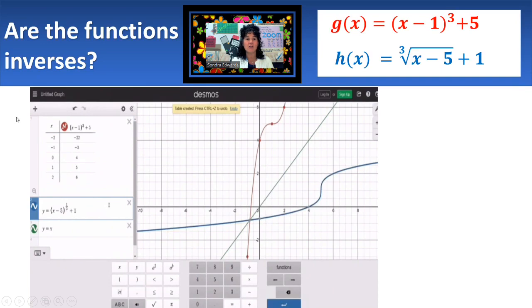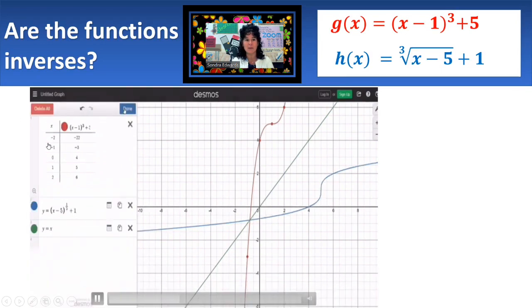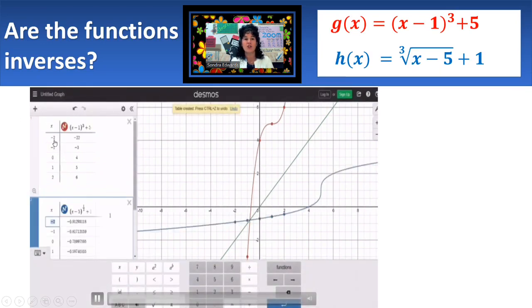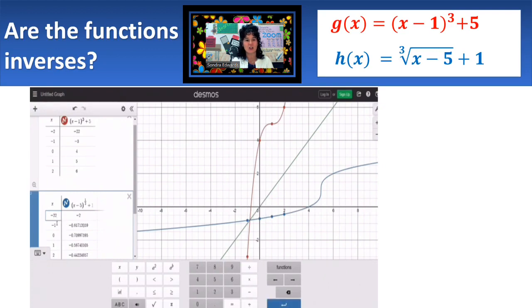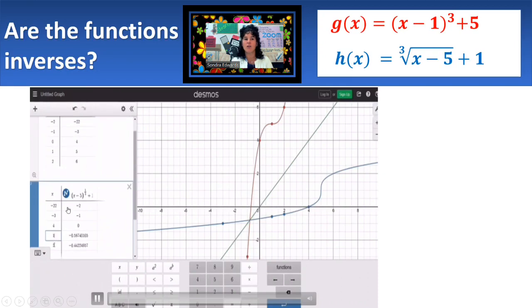If we look at a handful of points a little more closely, here for the g function, we have the coordinate -2, -22. If I substitute -22 in here, then I should get out -2, and I sure did. Up here I have -1, -3. So when we substitute -3, we get -1. 0, 4 becomes 4, 0. 1, 5 becomes 5, 1.